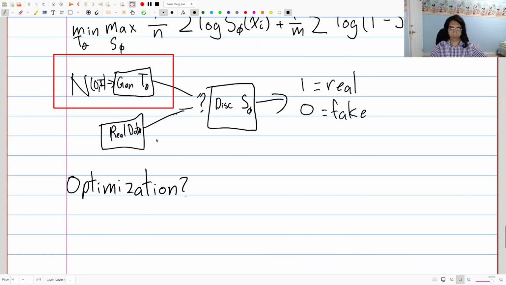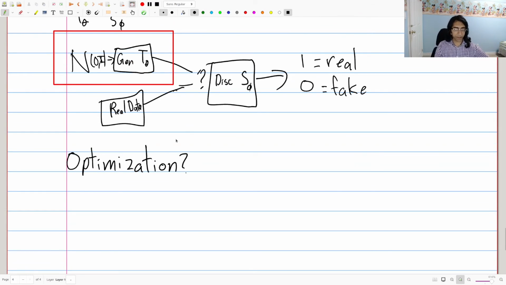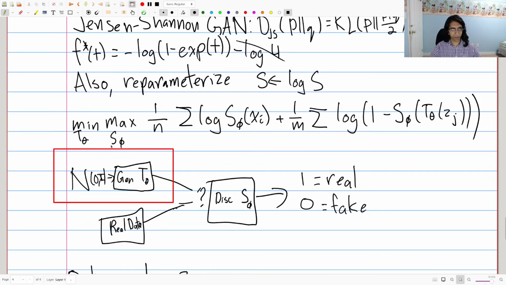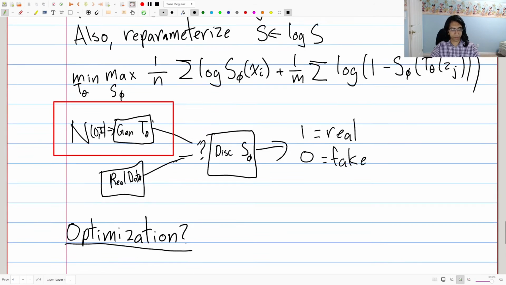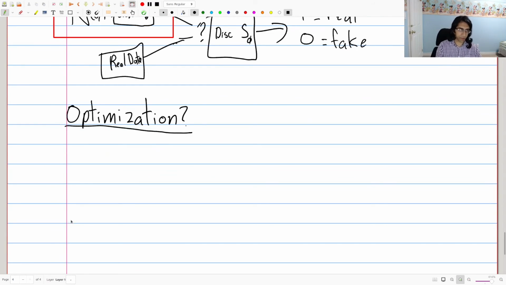There's many different ways to do this, but the way I'll tell you is gradient descent ascent, which is essentially with the min player, you optimize these parameters by taking a gradient descent step. And at the same time, for the max player, you optimize their parameters by taking a gradient ascent step. So this might not be clear. So let me try to write it down a bit.